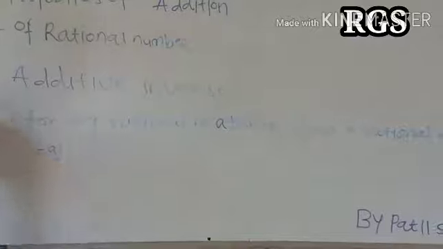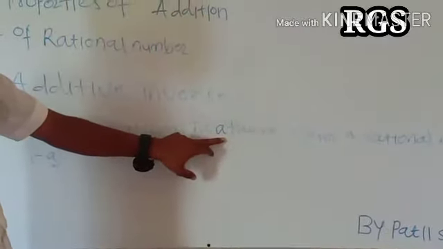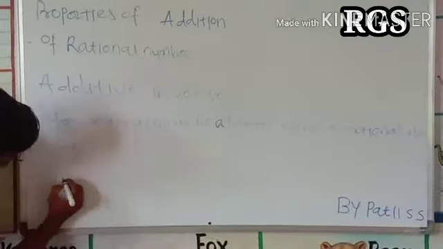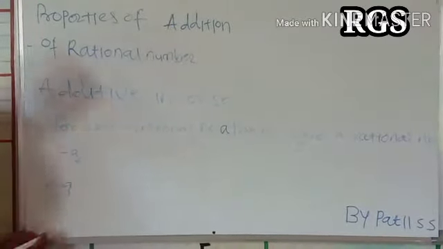What does it mean? For any rational number a, there exists a rational number minus a. Now we will take one example here.